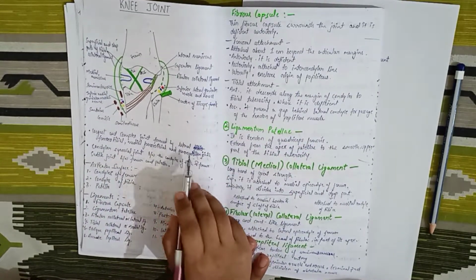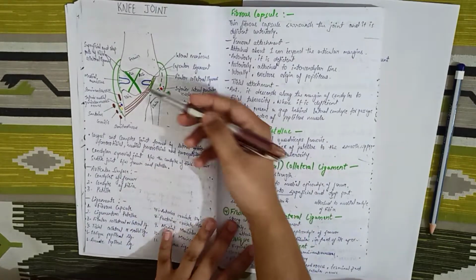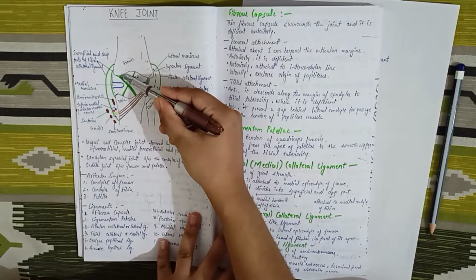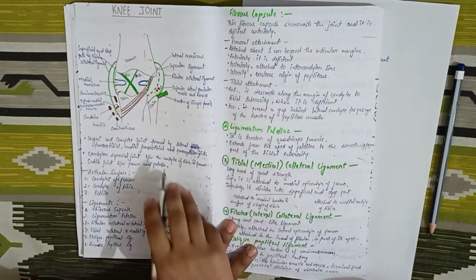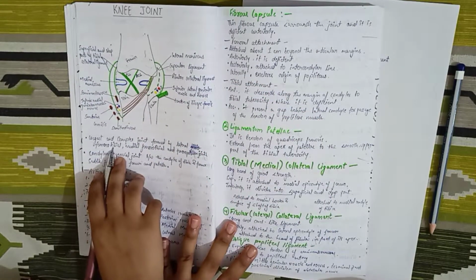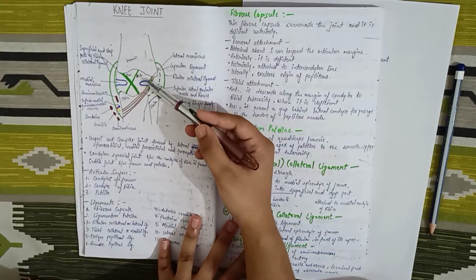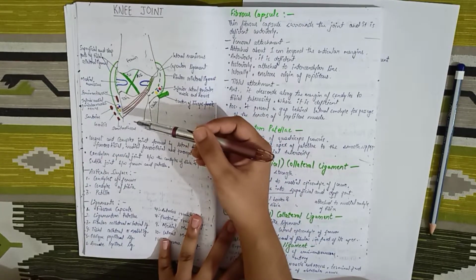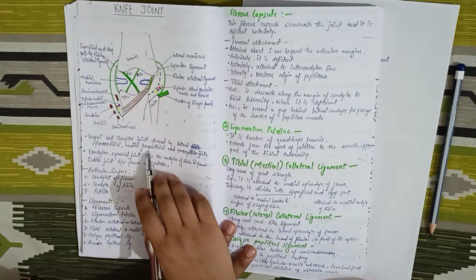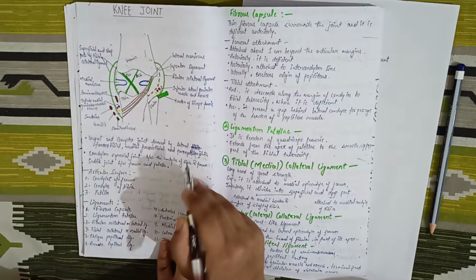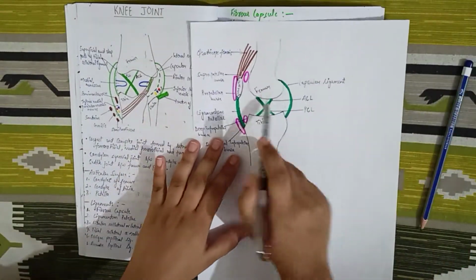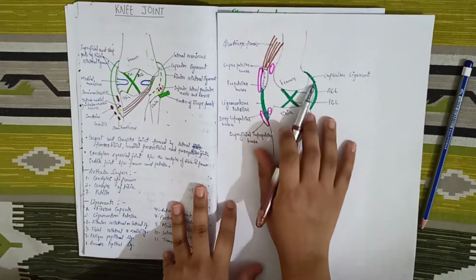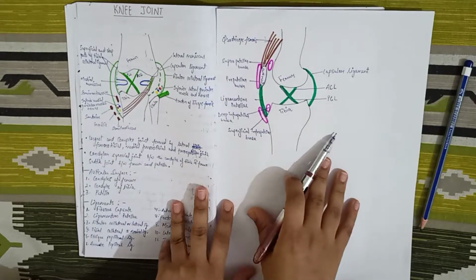It is made by three joints. The lateral condyle of the femur and the lateral condyle of the tibia form the lateral femorotibial joint. The medial condyle of the femur and the medial condyle of the tibia form the medial femorotibial joint, and the femur and patella form the femoropatellar joint.